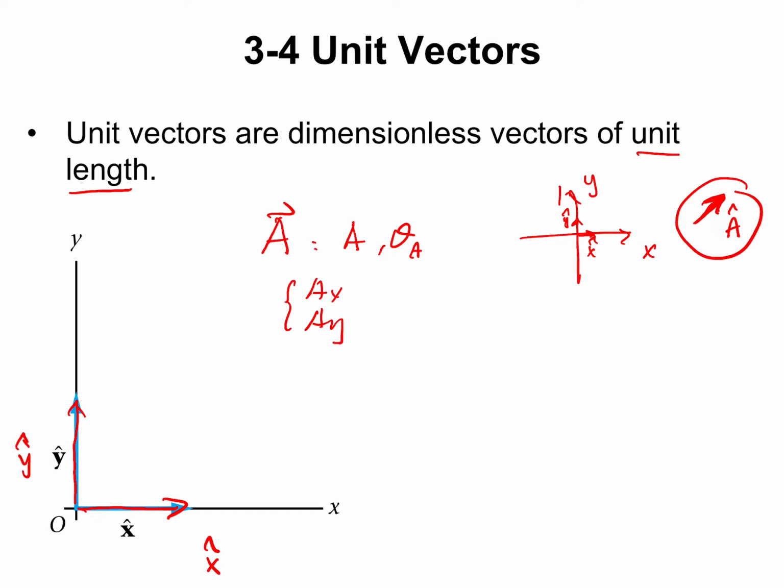We have two methods. The third one is the unit vector. This is how you define the unit vectors of the x and y axes. So vector A equal to ax x hat plus ay y hat.